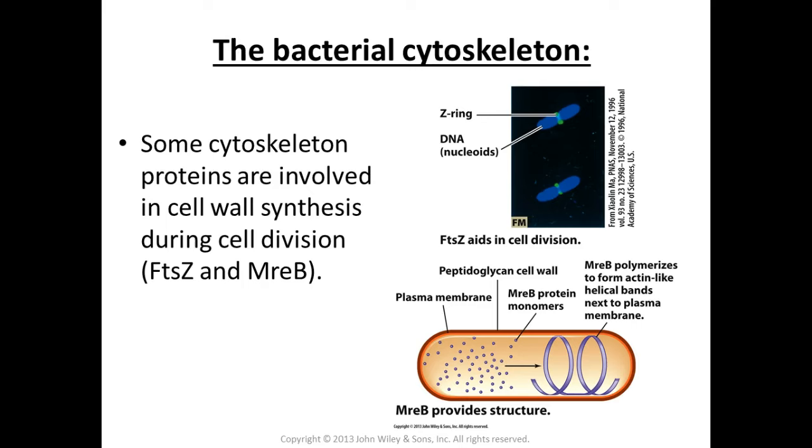The spherical shape is the default. They know this because they've engineered ones without this protein, and guess what? They're round. They're spherical. But the ones that have this protein are able to form that rod shape. So we know that definitely this protein is contributing to the shape in addition to the cell wall, which helps hold that rigid structure of the rod.